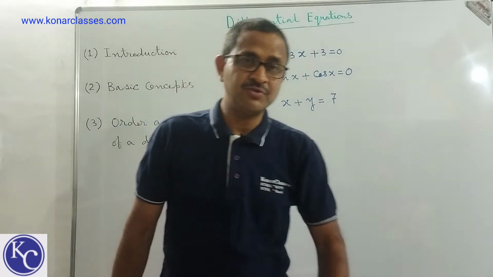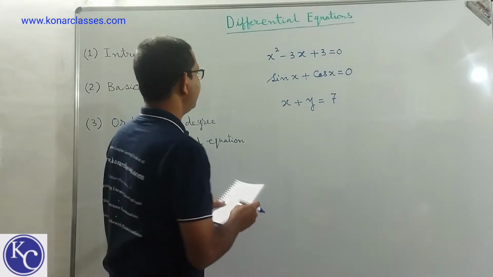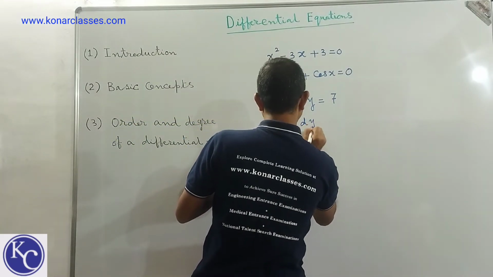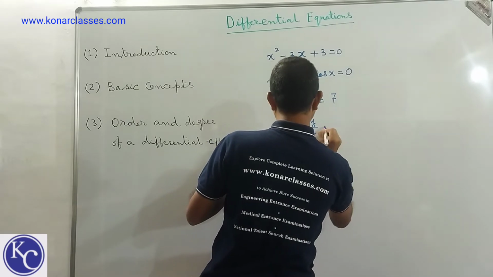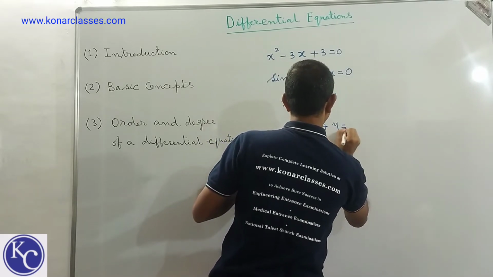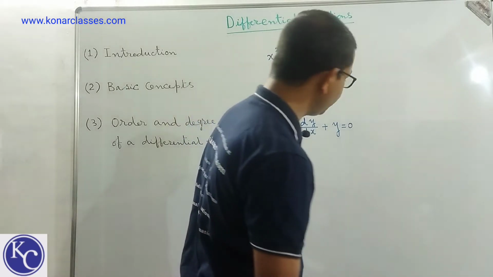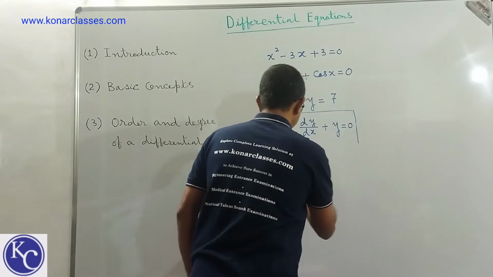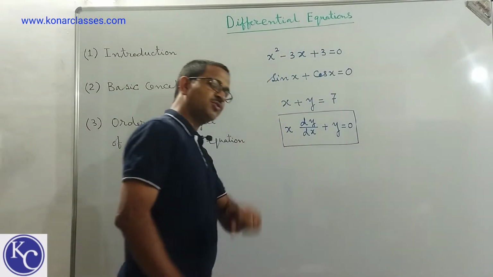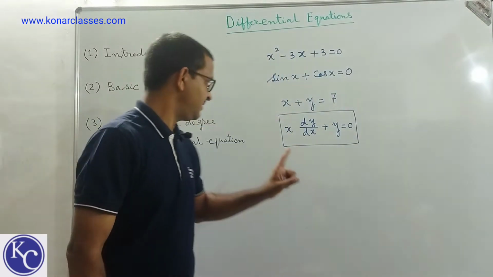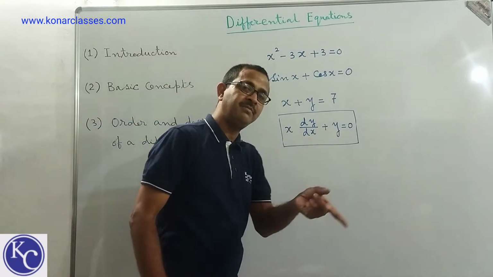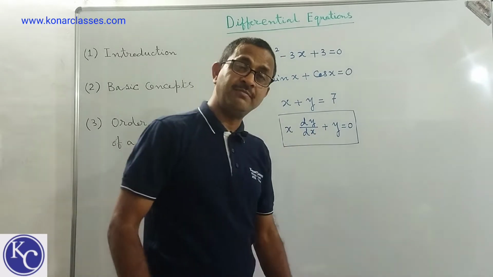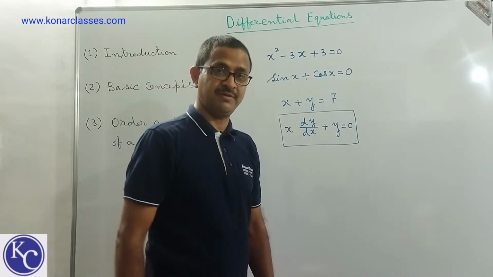Now another form of equation I am going to write here, and let's see how it is. If we write an equation something like this, x dy/dx plus y equal to 0. Suppose we write an equation something like this, and that equation contains the independent variable x, the dependent variable y, and the differentiation of the dependent variable with respect to the independent variable.